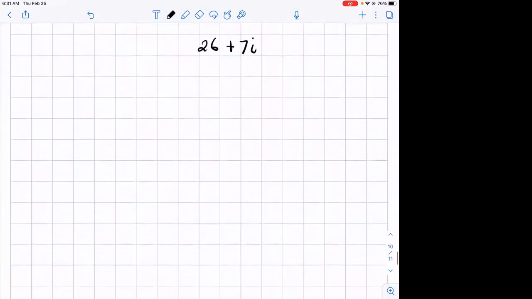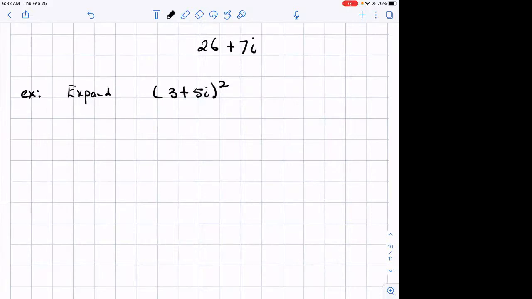If we look at another example, but if we are asked to expand 3 plus 5i quantity squared.